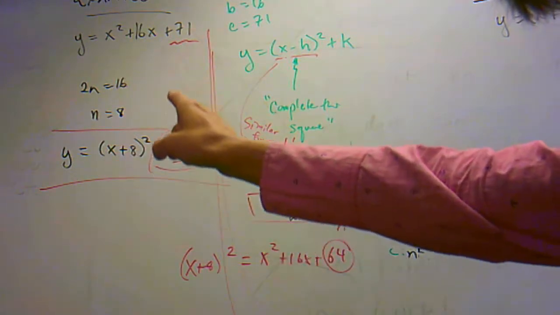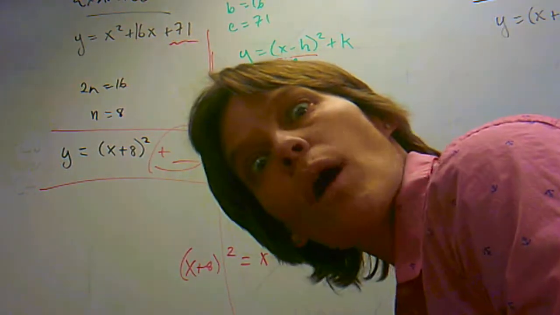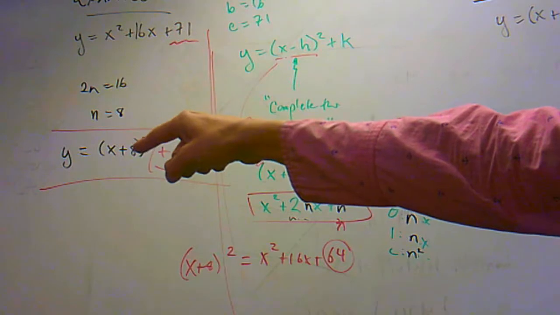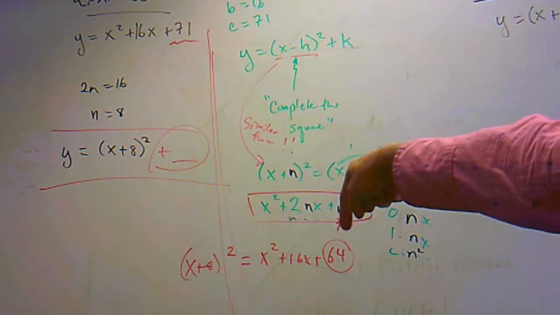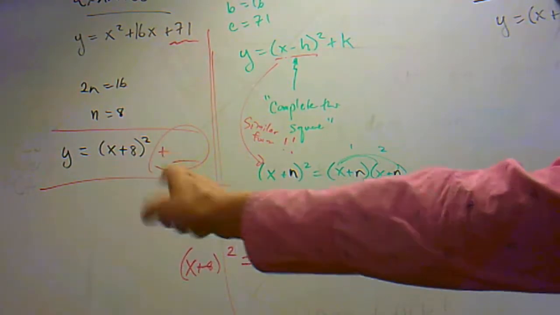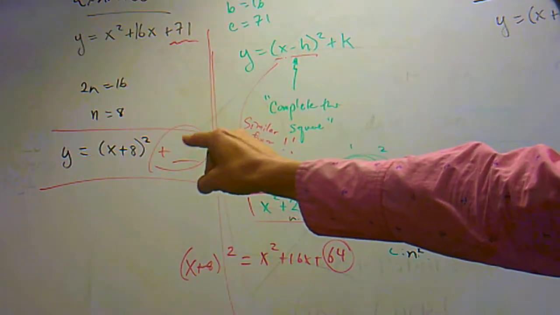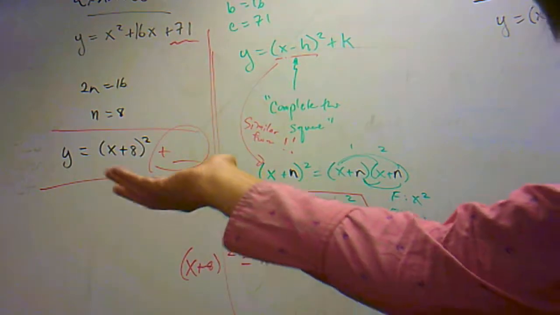But what number do we have? 71. Okay, so we have 71, but 64 is already in there. It's right there when we expanded it. But we don't want it out. Don't put it out of the bag. Put it back in. So 71, that means what is left over? What needs to go right here? Question mark. What goes right there?